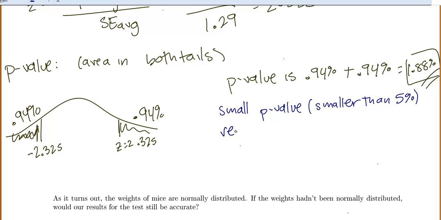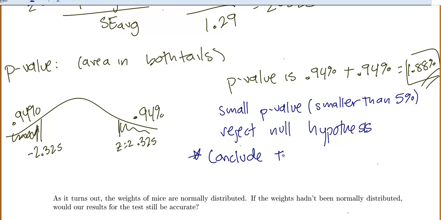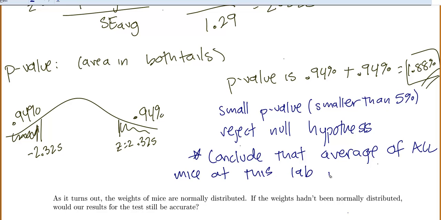So we will reject the null hypothesis and we conclude that the average of all the mice at this lab is not 30 grams. I don't know if it's higher or lower or what it is, but I have evidence that it is not 30 grams.